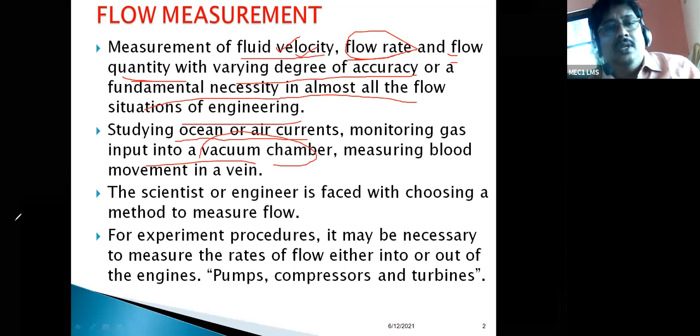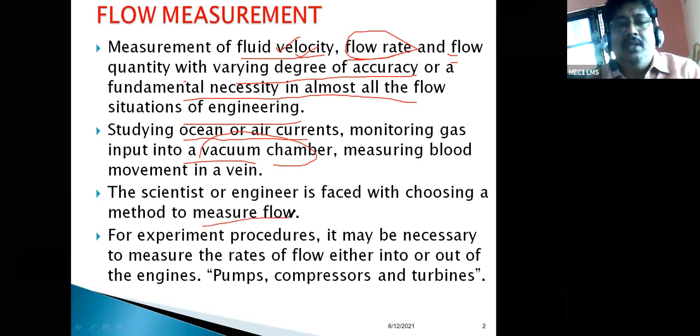Like this, the scientist or engineer is faced with choosing a method to measure. According to the application of measuring flow, you have to choose a particular methodology or a special meter.